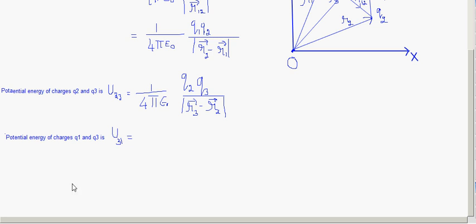U31 is 1 by 4 pi epsilon naught into Q1 Q3, or Q3 into Q1, divided by the magnitude of R3 minus R1.